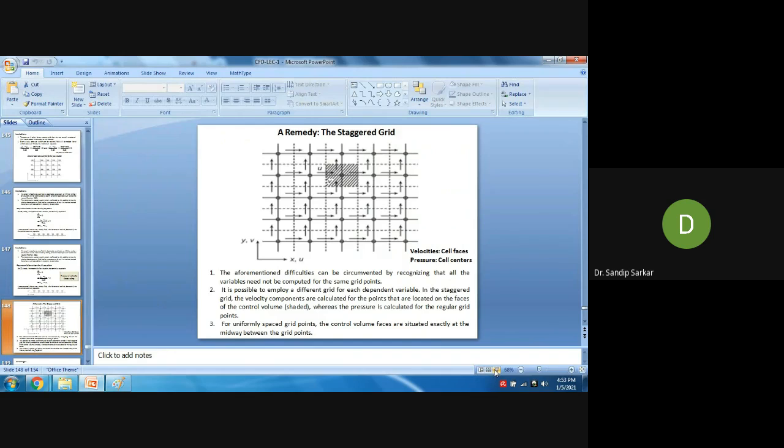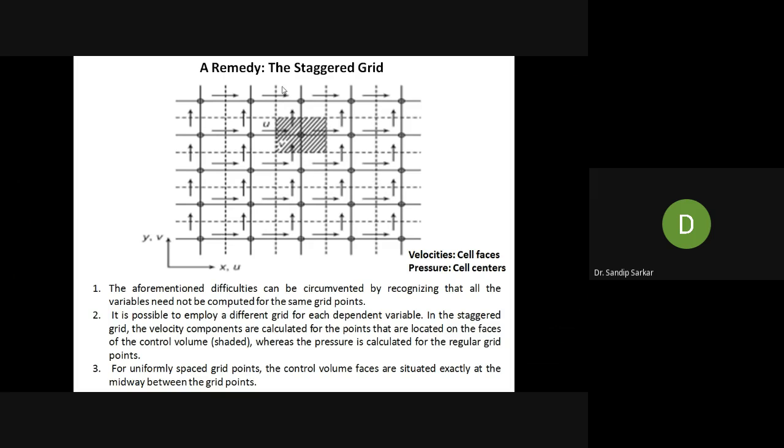This is the remedy that was introduced by Patankar and Spalding. We do not specify velocity and pressure at the same grid point; rather, we specify velocity and pressure at different grid points.